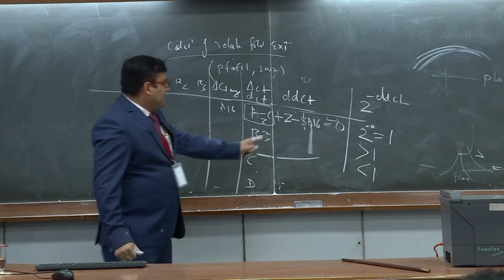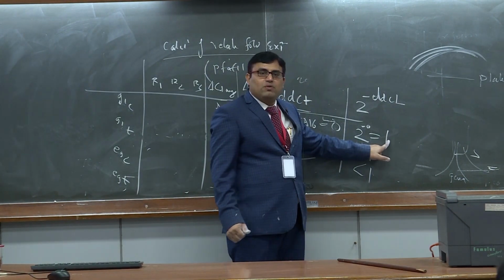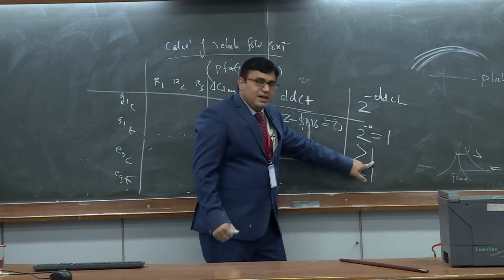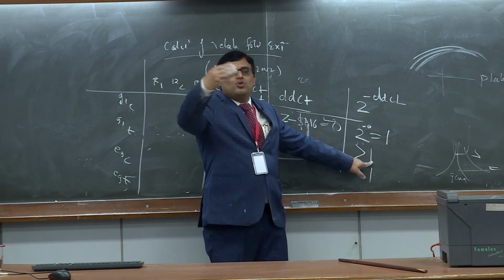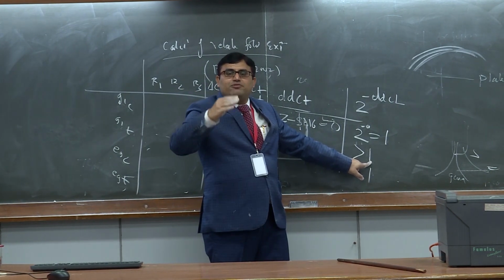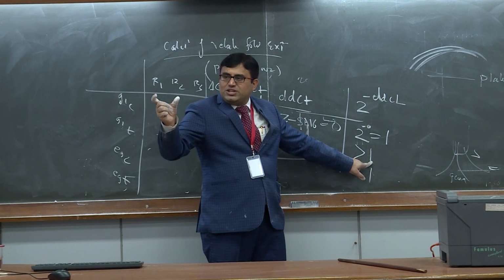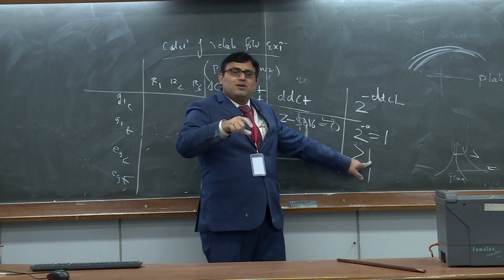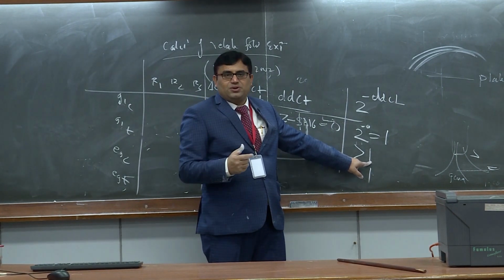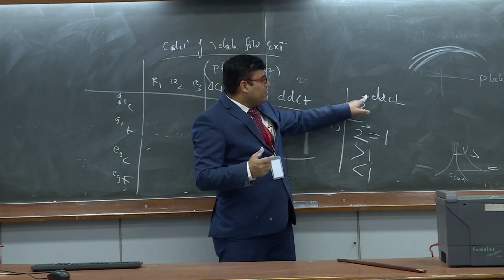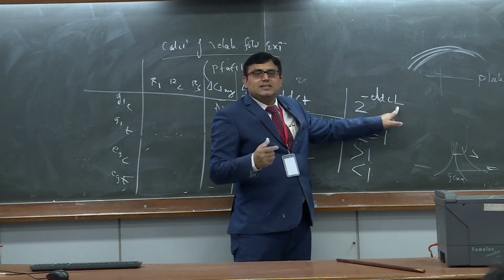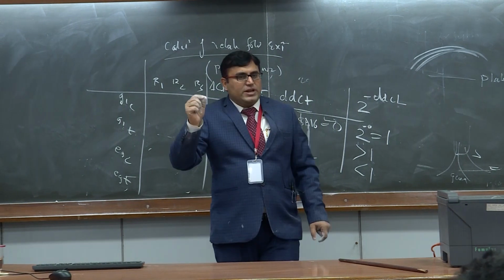Now our control has a value of 1. Treated has a value that is either more than 1 or less than 1. If it is more than 1, it is upregulation of the gene. If it is less than 1, it is downregulation of the gene. And this 2 to the power of minus DDCT is called relative fold expression.